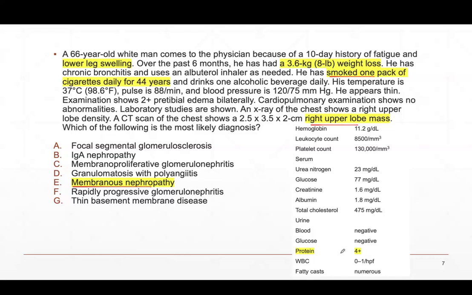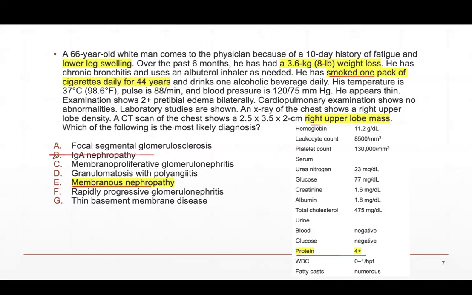So the first thing you would do is to figure out, is this a nephritic or nephrotic syndrome? Now we look here. Focal segmental glomerulosclerosis, nephrotic. IgA nephropathy usually presents with a nephritic picture, so I'm going to remove it. MPGN usually starts with nephritic, and they're not saying anything about C3 convertase or IgG.